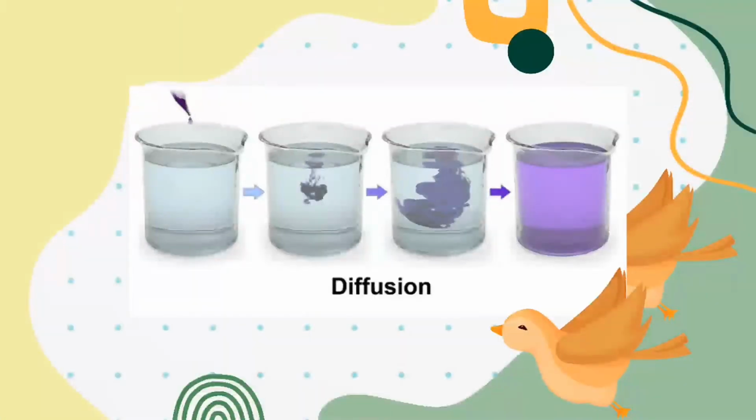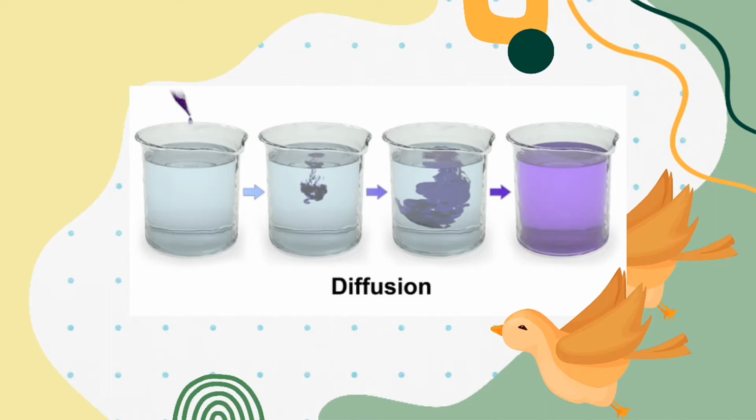The second example is when you release potassium permanganate, KMnO4, into water inside a beaker. The potassium permanganate spreads around the entire beaker. From the image on the screen, we have beaker A, B, C, and D. Beaker A is filled with clean water, and a drop of potassium permanganate is about to be released.